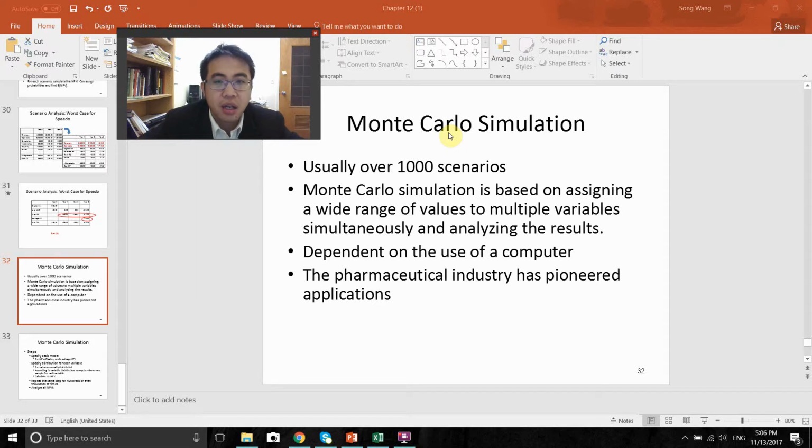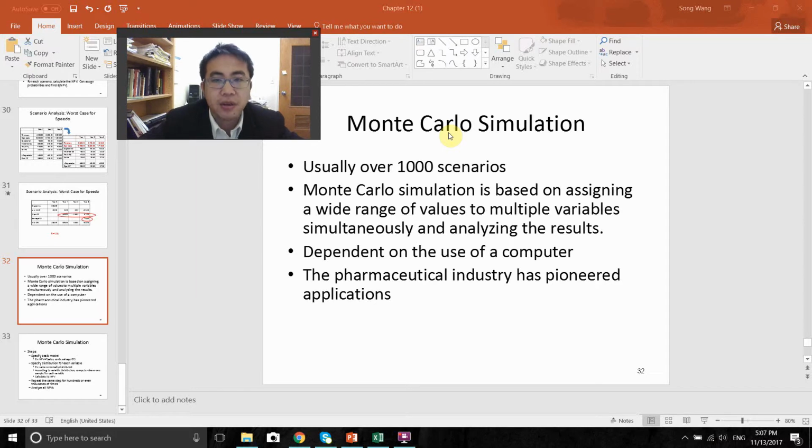It's based on assigning a wide range of values to multiple variables, including sales, variable cost, fixed cost, cost of capital, and the salvage cash flow. And then definitely you're going to rely on the computer to do such a thing, because we would tire ourselves just by calculating 3 or 5 scenarios. So we have to use a computer to do the job.